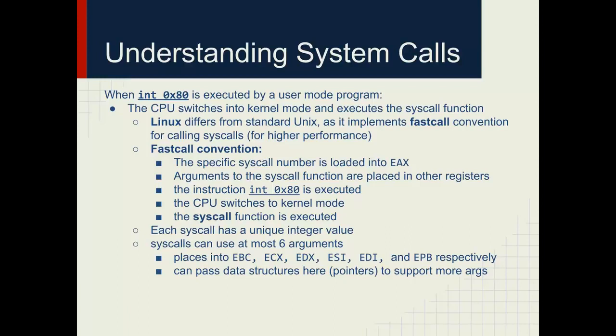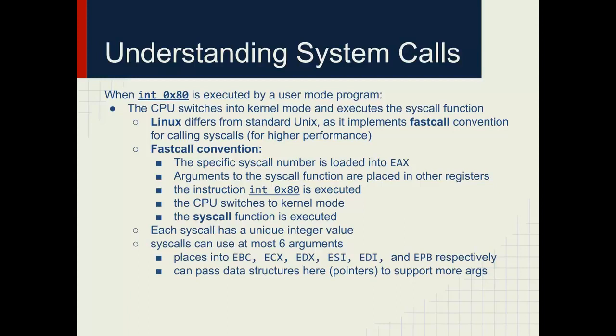And then the rest of the arguments are placed into EBX, ECX, EDX, and etc. If you pass it enough arguments, they will start being put on the stack. And then the instruction int 0x80 is executed. The CPU then will switch to kernel mode, and the syscall function will then begin executing.